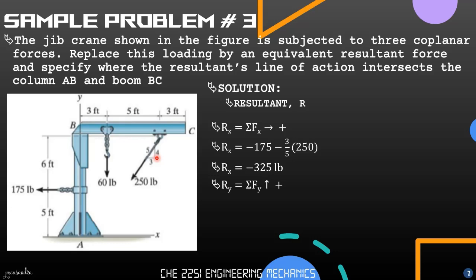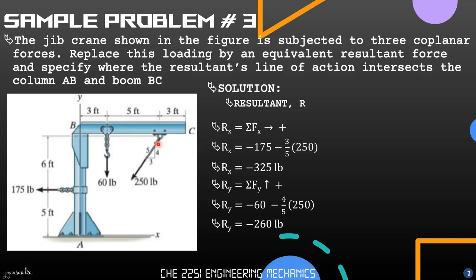For the vertical forces, upwards positive, so we will have Ry is equal to negative 60 minus 4 over 5 times 250. Ry is equivalent to negative 260 pounds.